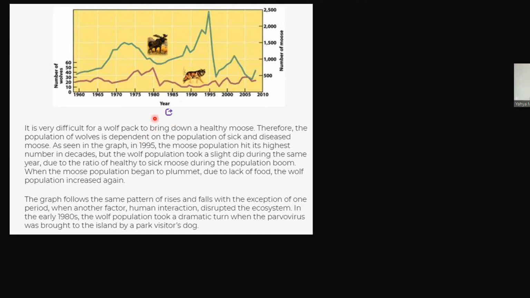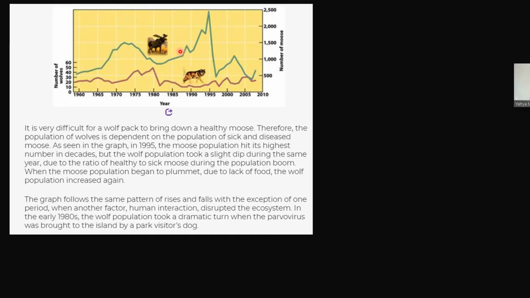So what it's saying here is that when the population of moose goes up, it also depends on how many of the moose are weak and old and sick. If the population goes up, but all the moose are pretty much healthy, then the wolves are still not going to be able to catch them. Because the wolves usually go after those individuals that appear to be sick, diseased, injured, old, those kinds of things.